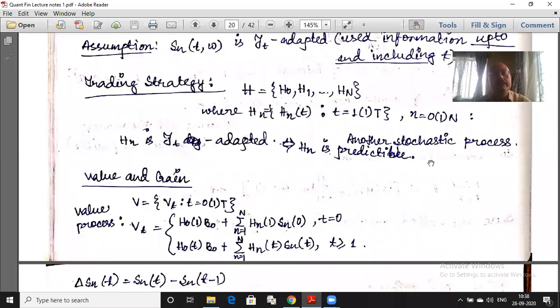So the decision on H^n has to be defined on all information up to and including time t. That is also known as the condition that H^n is predictable. If I have information up to date, then I can perfectly predict H^n because H^n is a function of that information.